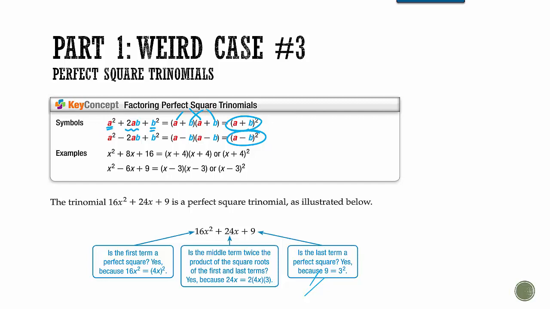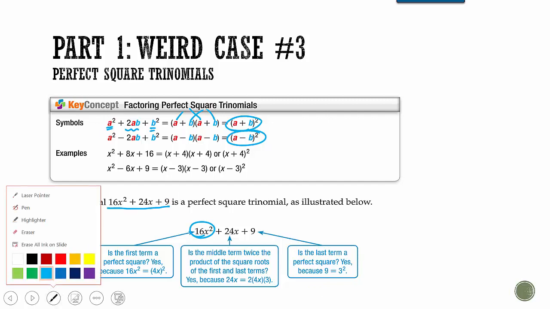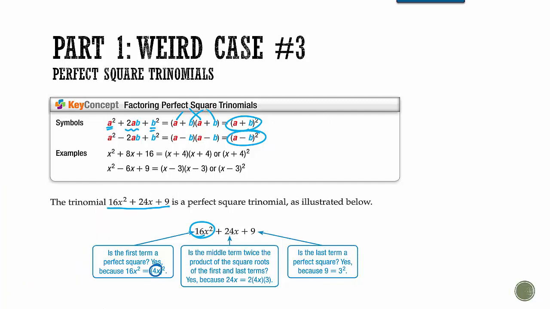So here's an example of one. 16x squared plus 24x plus 9 is a perfect square trinomial because 16x squared is 4x squared, 3 squared is 9, and then if I do 4x times 3 and double it, I end up with 24.